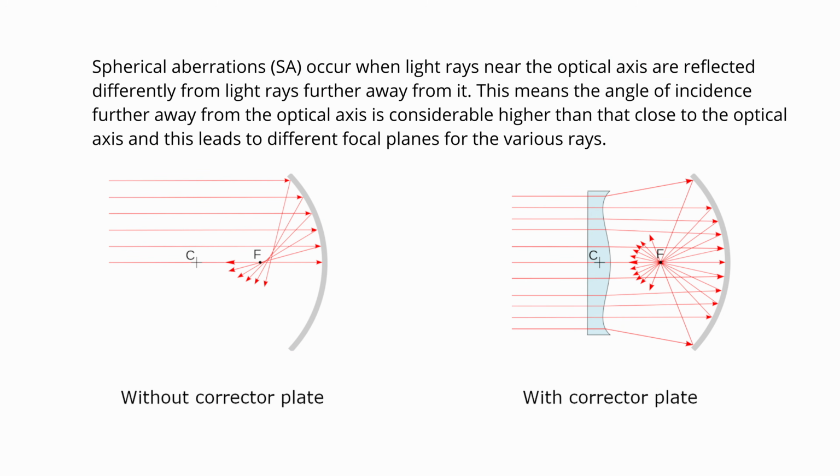Well, a spherical aberration is a form of optical error that arises when light beams traveling parallel to the optical axis get reflected off a surface that is spherical at different angles. This leads to different focal planes for the various light rays, and the resulting image looks, because of this, blurred and distorted.